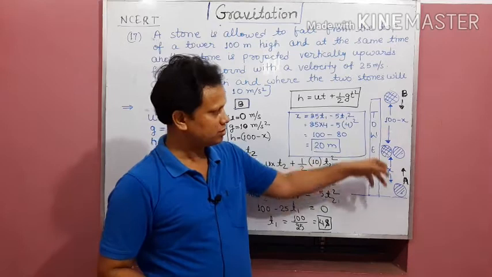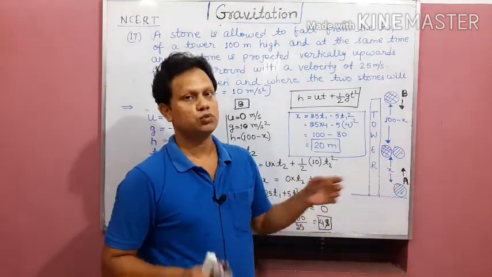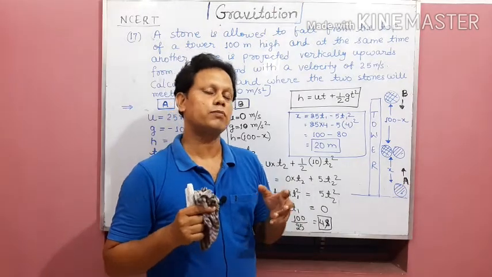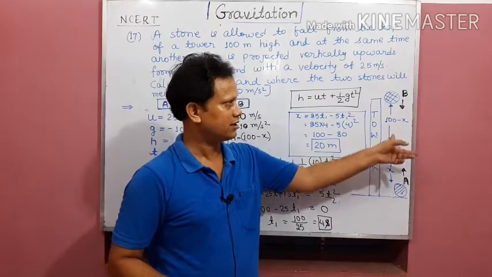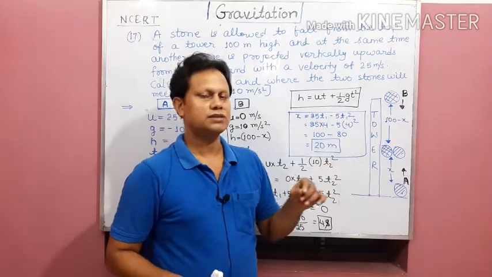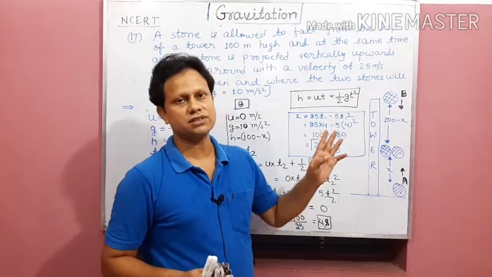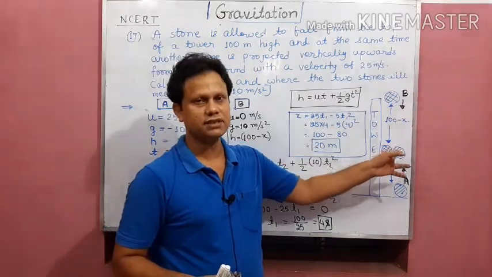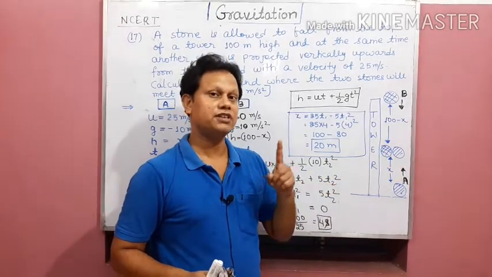If the total length of the tower is 100 and X meter has been covered by A, what will be the distance left for stone B to cover? That is 100 minus X. So suppose after time T both have covered some distance: B is covering 100 minus X and A is covering X, and they meet within the same time.